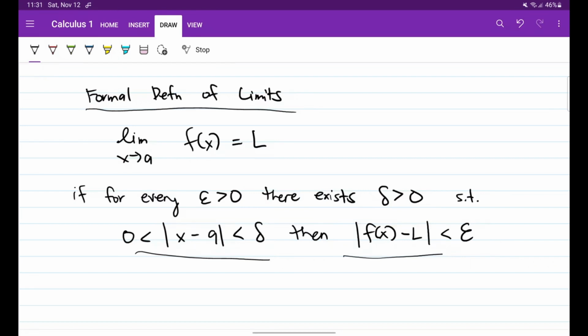So, kung gaano siya kalayo from L, there exists delta greater than 0, meaning there is a positive distance ng delta from A such that yung inequality na to, so 0 is less than the absolute value of x minus a less than delta, then absolute value of f of x minus L less than epsilon, basically, if x is closer than delta to A, and hindi equal yung x and a, then f of x is closer than epsilon to L. No?